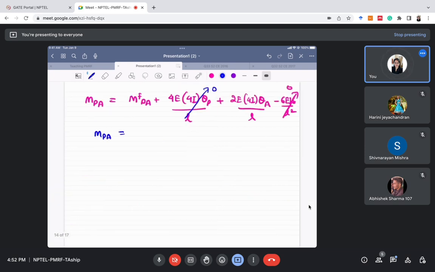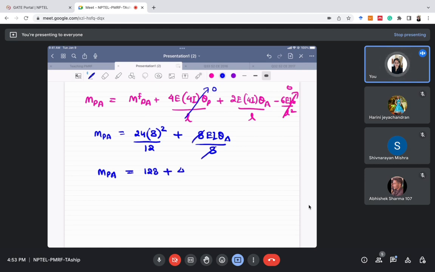So if we calculate it, W is 24, L square divided by 12, plus 8 EI theta A by 8. So MPA will be equal to 128 plus EI theta A.